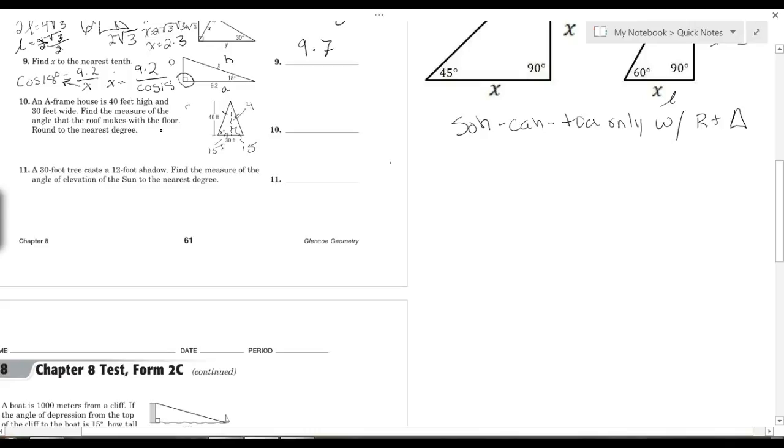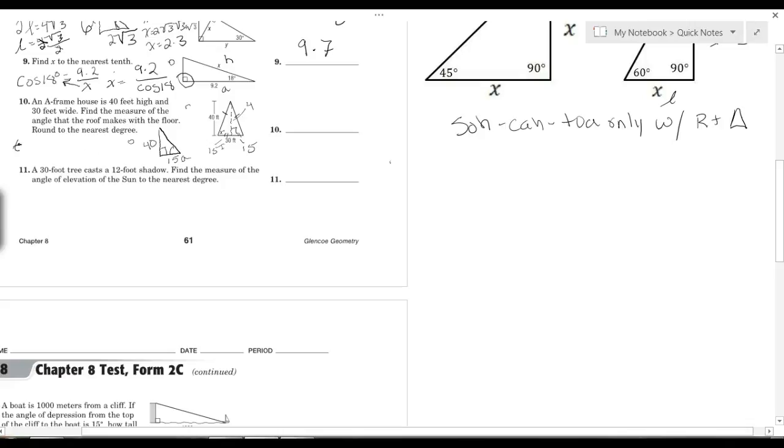So now I have a triangle. It's a right triangle. It has one side with a length of 40, one side with a length of 15, and this is the angle I'm looking for right here. So now that I've set up my problem, since this is a right triangle, I can use SOHCAHTOA. So I have my opposite and my adjacent. So that means I'm going to use tangent.